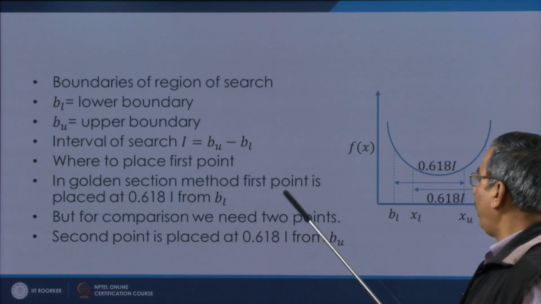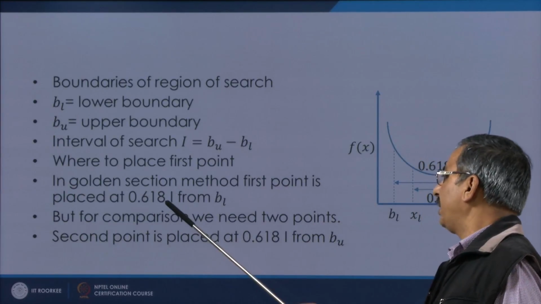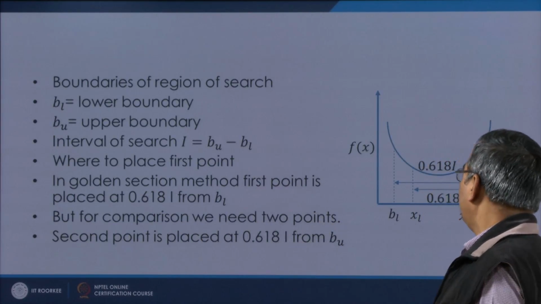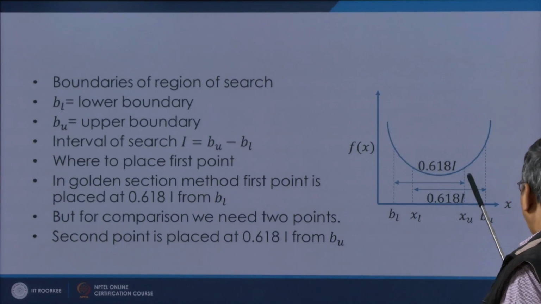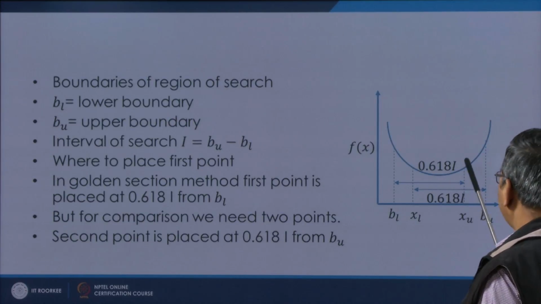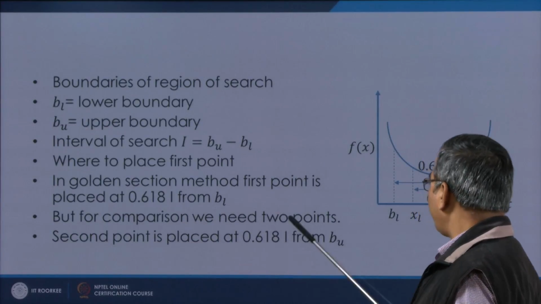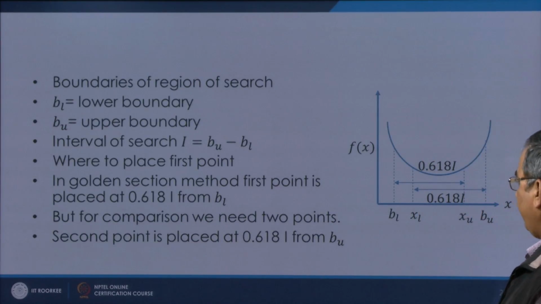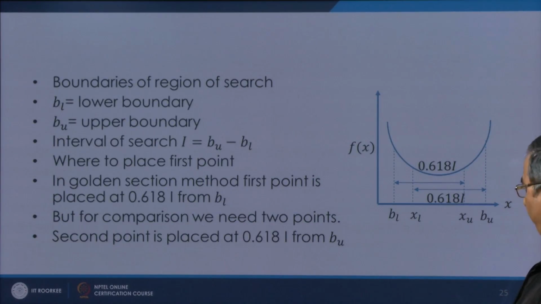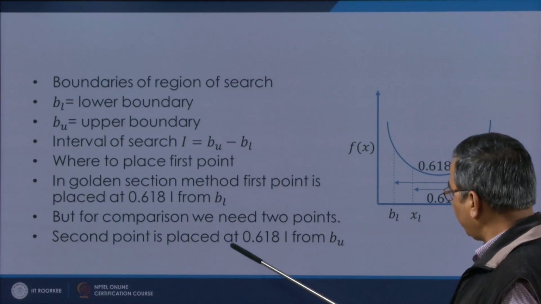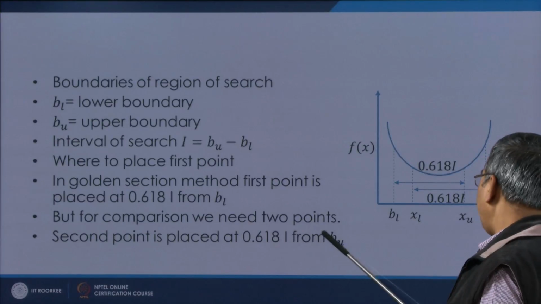In the golden section method, the first point is placed at 0.618 I from BL. So, from this BL I take 0.618 I and I place my first search here. But for comparison purpose we need 2 points. So, where should we take the second point and then compare? The second point is placed again at 0.618 I from BU.